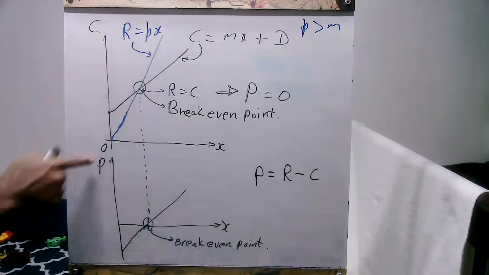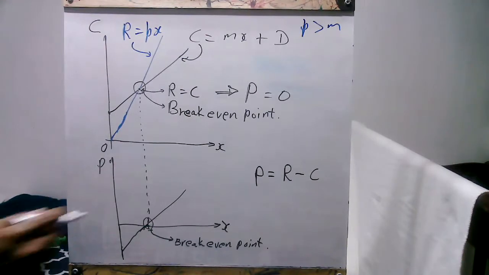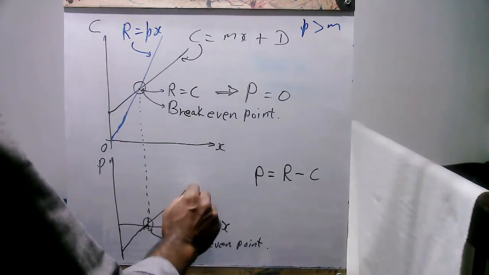Here simple P, here capital P, profit. So this is the profit equation.